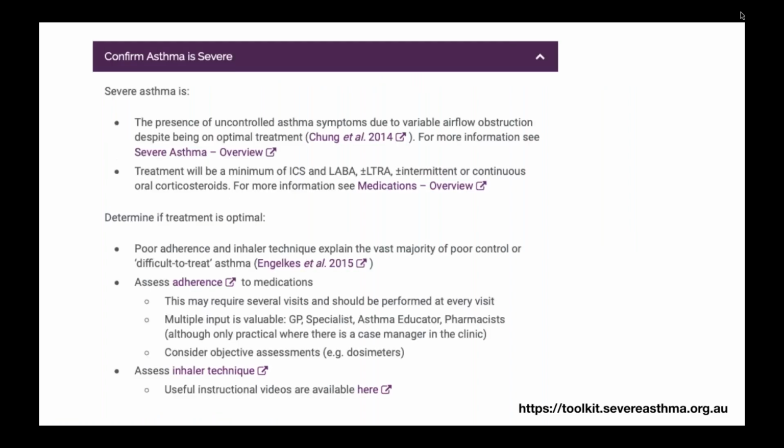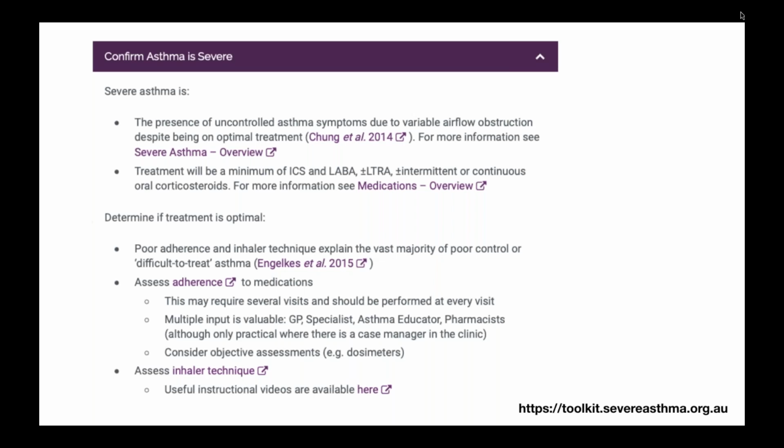So at this stage, I want to mention the Severe Asthma Toolkit, which is on the CRE for Severe Asthma's website. It's an online document put together by many of us who treat and study severe asthma across Australia. And hopefully there are some really useful resources which are all hyperlinked.